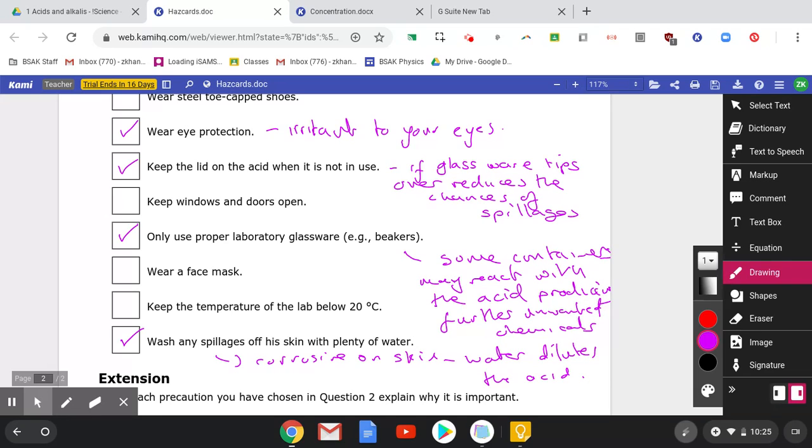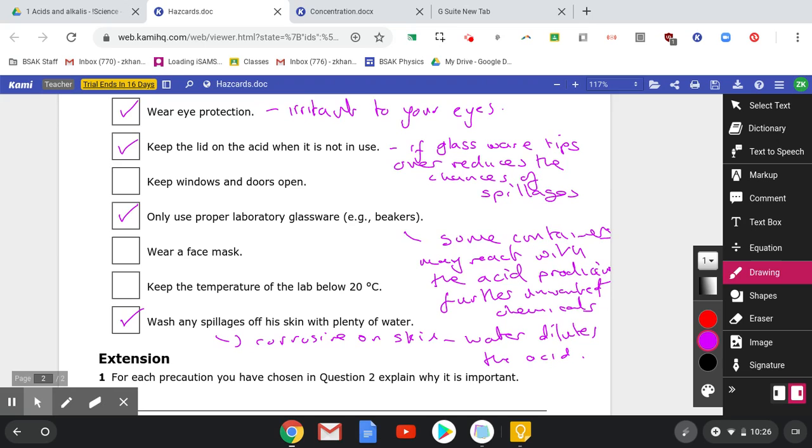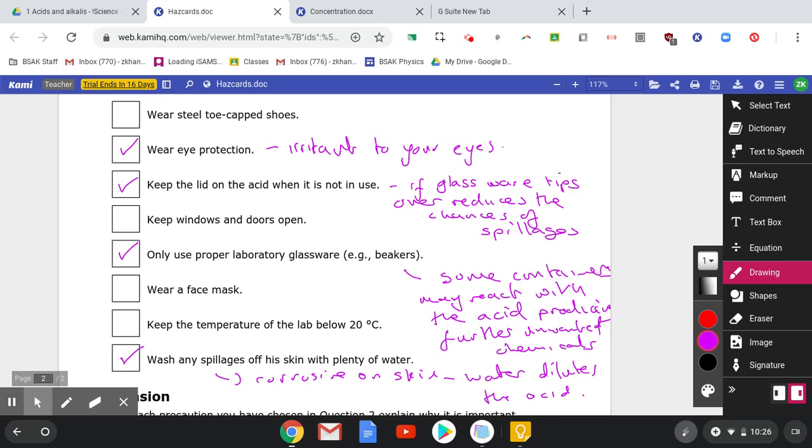then you need to wash it off immediately, because you want to dilute the acid so that the chemical reactions that may possibly take place between the acid and your skin have a reduced effect, and you try to remove the chance of any chemical reactions taking place which would cause damage to your skin.